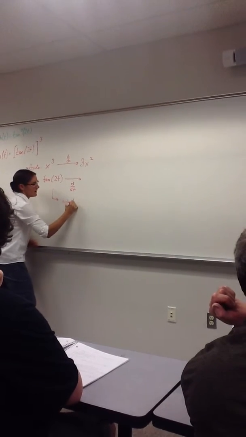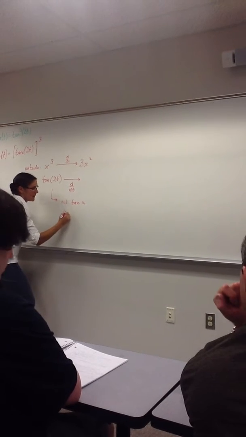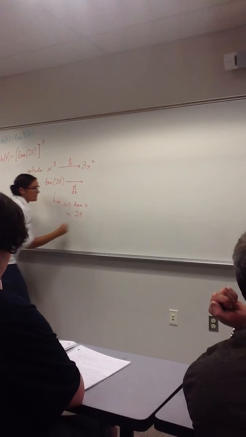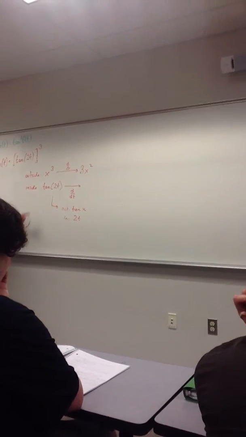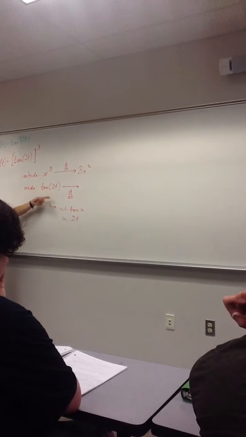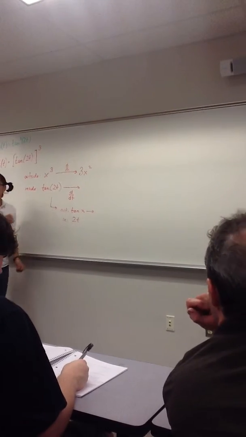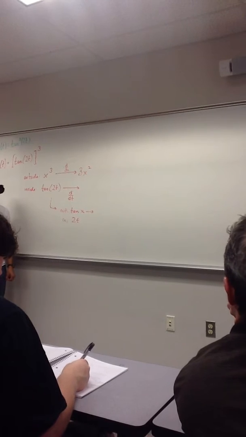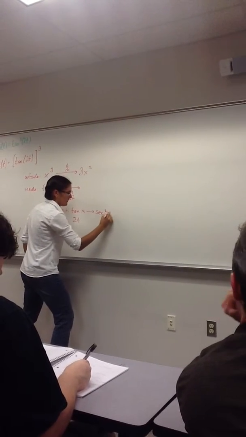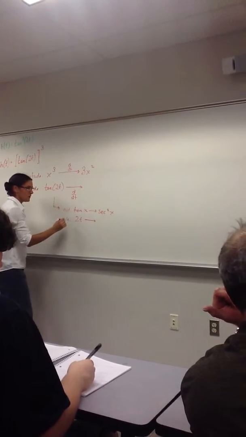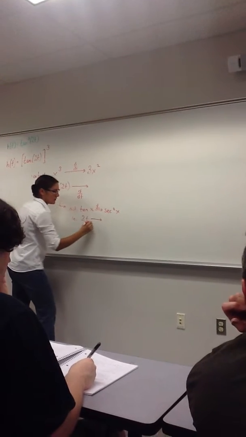My outside is tangent of x, and my inside is 2t. Alright, so to take the derivative of tangent of 2t, I need to know about my derivative of tangent x. What is the derivative of tangent of x? Yeah, secant squared x. And my derivative of 2t is going to be just 2.